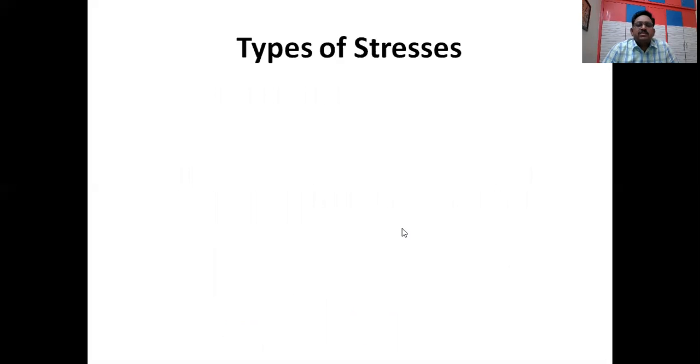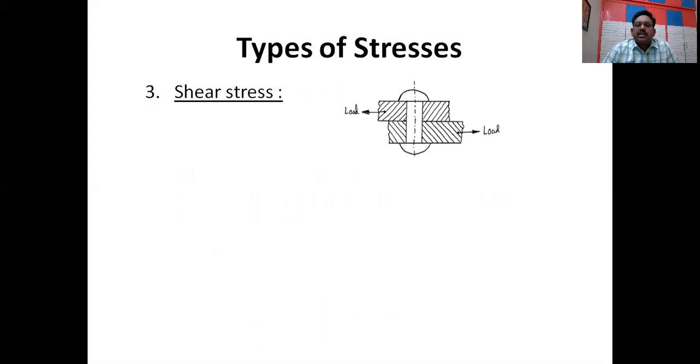Then the third stress is called shear stress. What do you mean by a shear stress? Look at this figure. This is a riveted joint, so when two plates are joined together with a riveted joint and we apply a load like this, then this is subjected to a shear load, and a shear load will act on the cross-sectional area of this rivet.